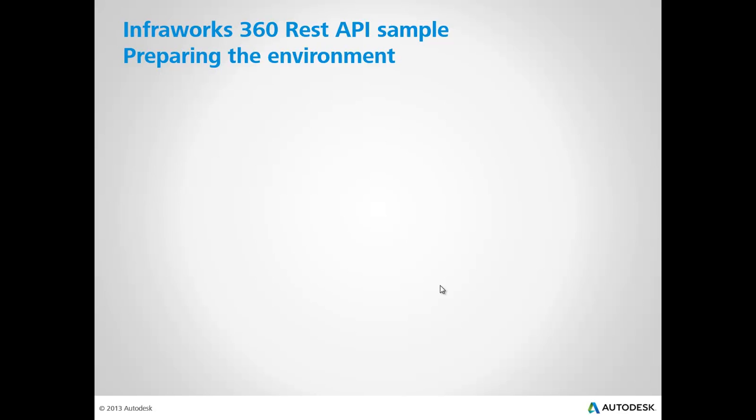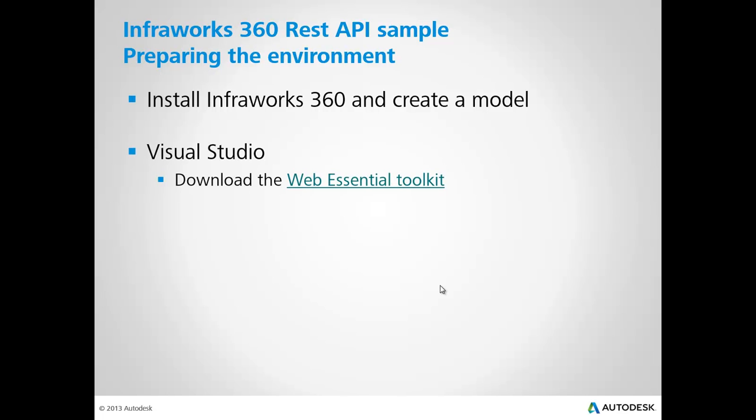So what do we need to prepare this example? Of course, we need Infraworks 360 installed with a model created. I cannot read data from a model if there is no model. Then I need a development environment.